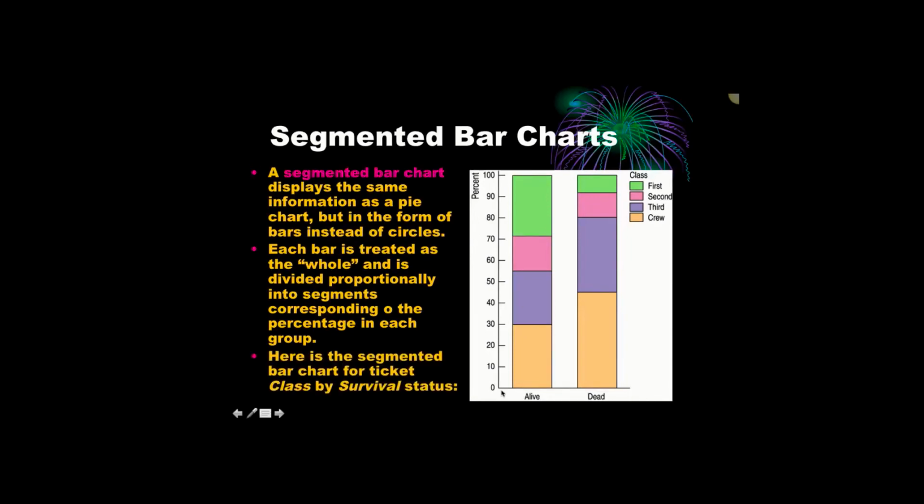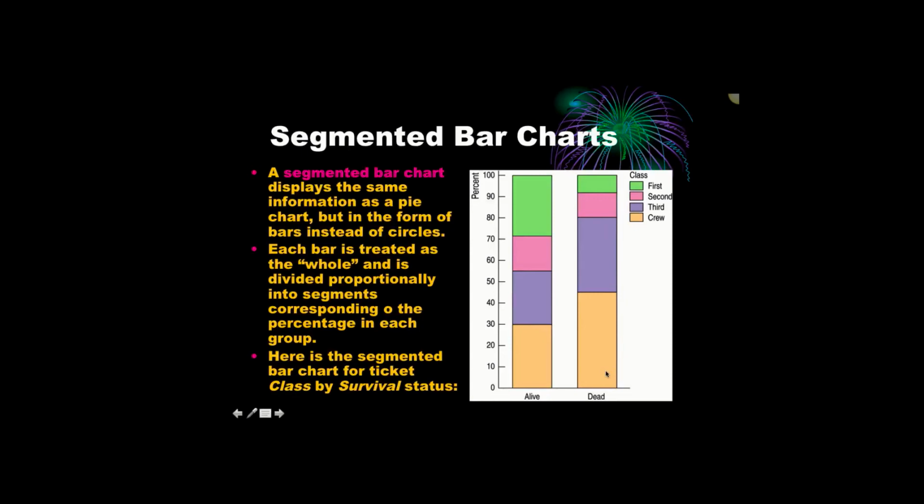So here again we have the conditional distribution of ticket class based on whether or not they survived or died. Again, these are showing our row percentages, and each section corresponds to the percentage of each class that died. So this would only be 8.2% here, whereas this makes up about 45% here.